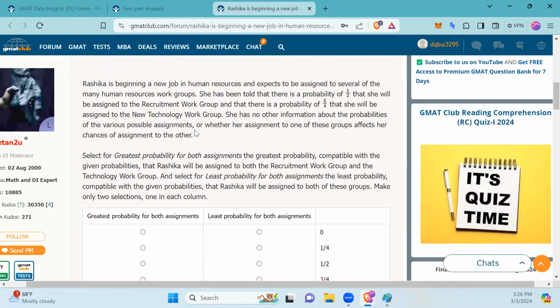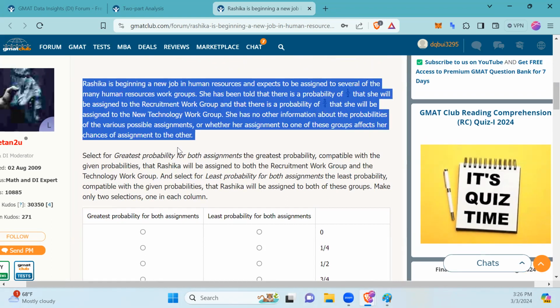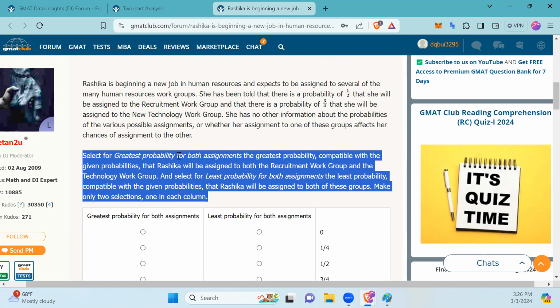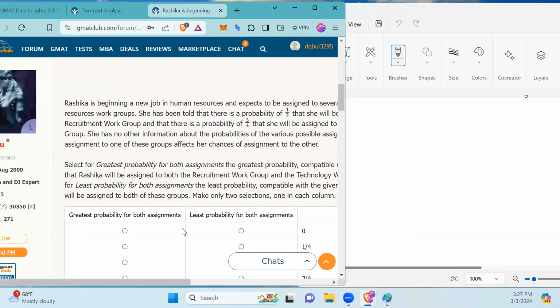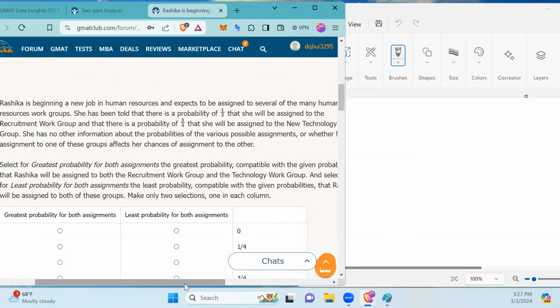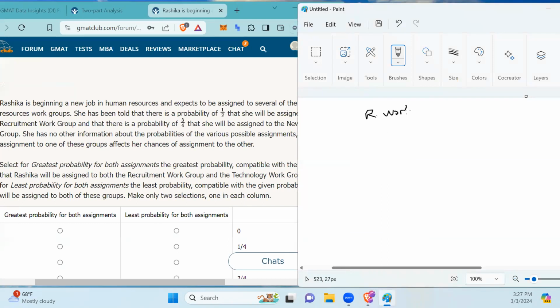Alrighty then. Can you briefly explain what the problem is giving us and how you approach solving for these two probabilities? The prompt gives us the probability of Rishika being assigned to recruitment work, which is 1/2 or 0.5 or 50%, and the probability that she will be assigned to new tech, which equals 3/4 or 0.75 or 75%.